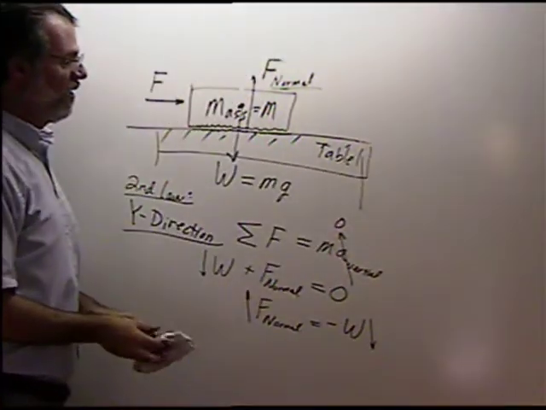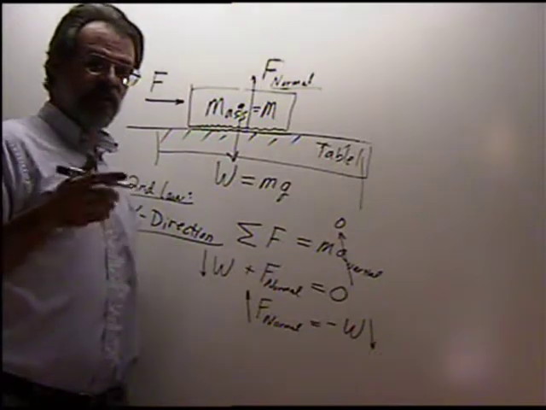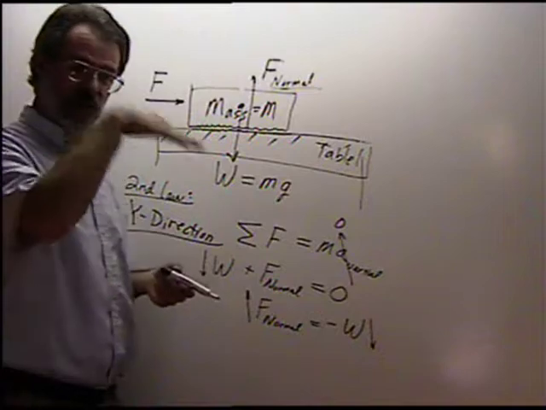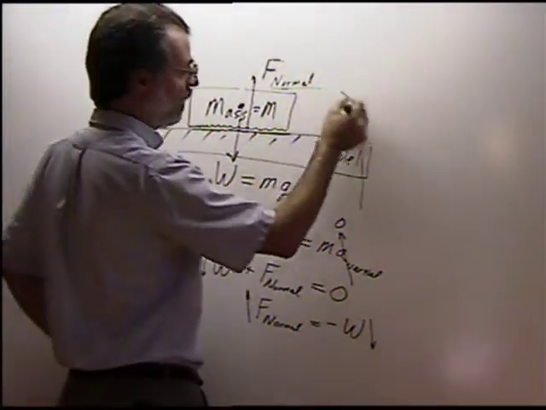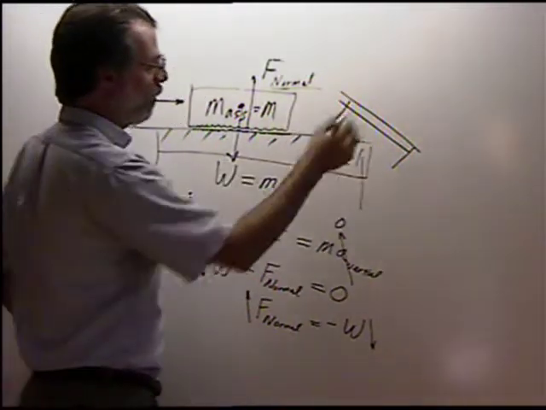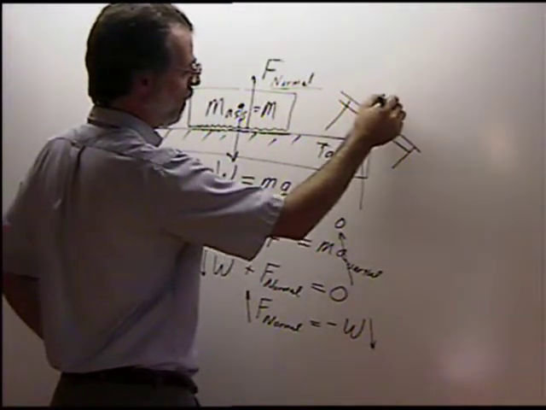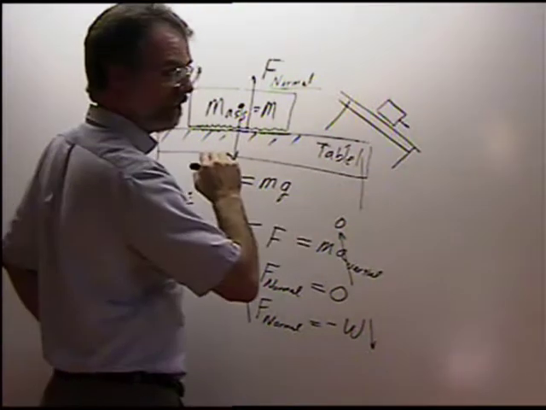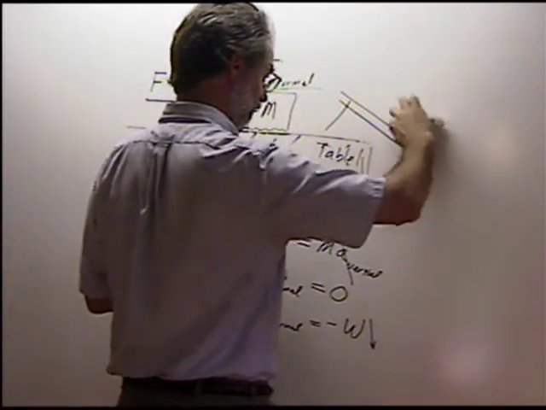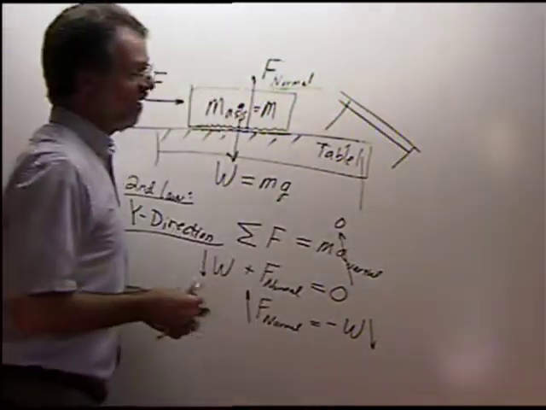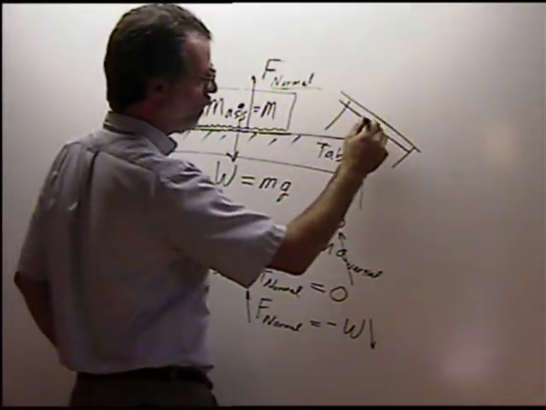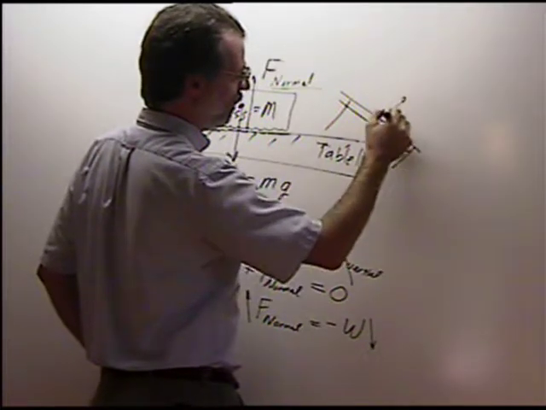Suppose, for example, the table, and in this chapter, chapter 5, we're only dealing with flat surfaces. In the next chapter, we're going to deal with tilted surfaces. So, suppose we put the table on edge, like this. Now we have a mass here, and the mass starts to slide. That's a more complicated situation. We will study that in chapter 6. But for right now, what I want to show you is that whatever the surface is, the normal is always perpendicular to that.